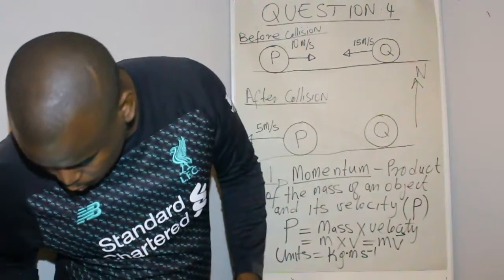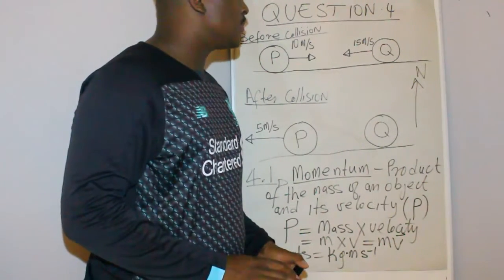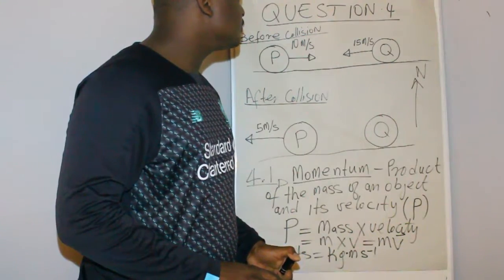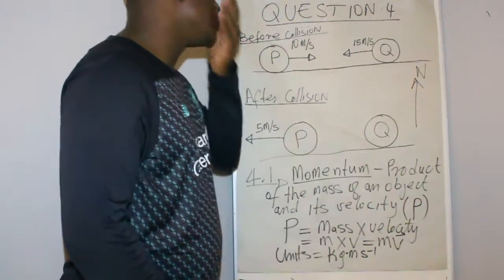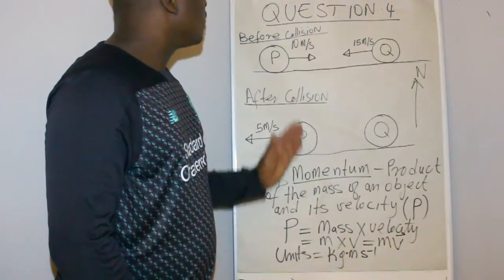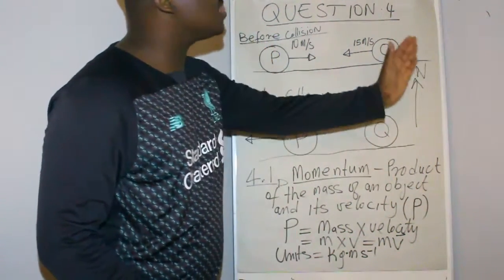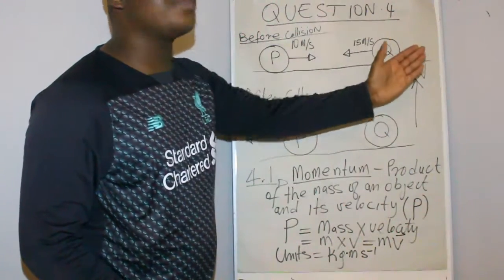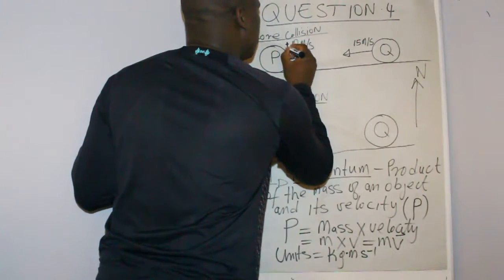So that's what we're going to do. We must stick to that direction. So now, in this case, I'm choosing P, east, to be positive. So I'm taking this direction to be positive.